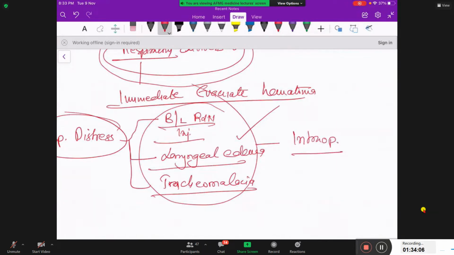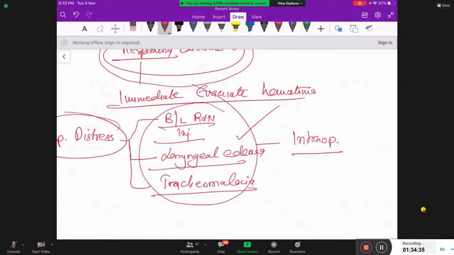How? Whenever a thyroid surgery is done, the anesthetists are aware. If not, they should be made aware, but they are aware that before removing the endotracheal tube from the trachea, when the patient is coming out of the anesthesia, they should check whether both the vocal cords are fluttering or not.